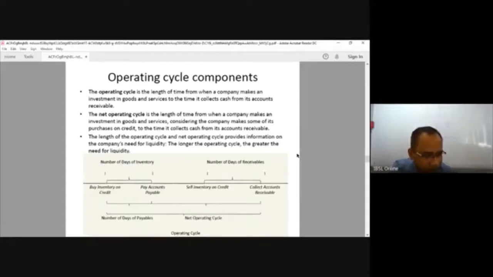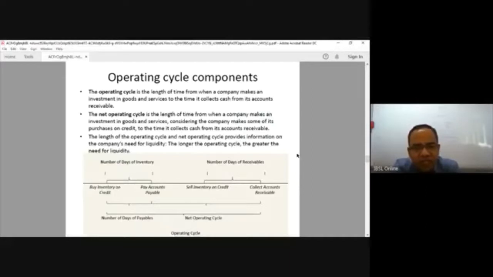Like our supplier, the demanding buyers also will ask for a credit period, unless it is retail, where we are selling to customers on cash. Except for that, others will ask for a credit period. So for them, you give a credit period. So, number of days of receivables.